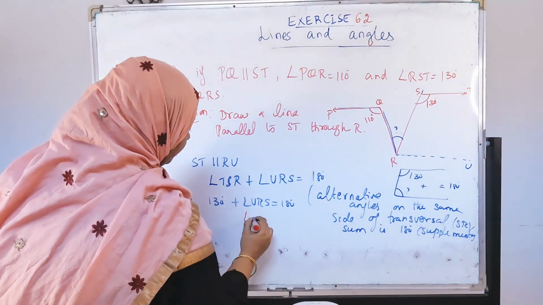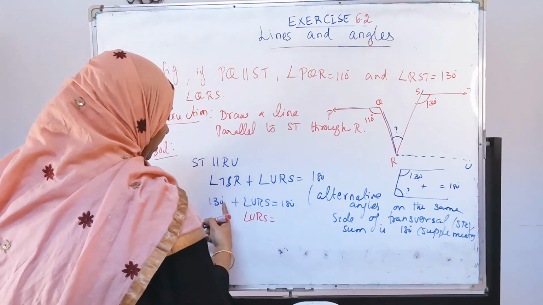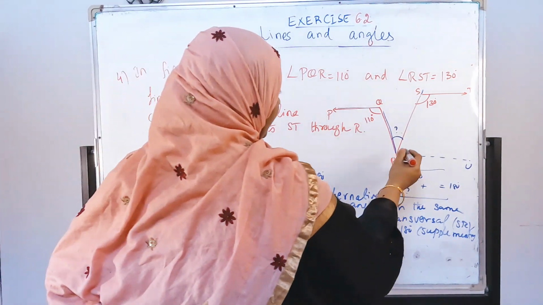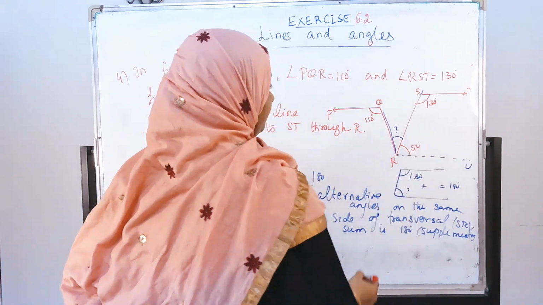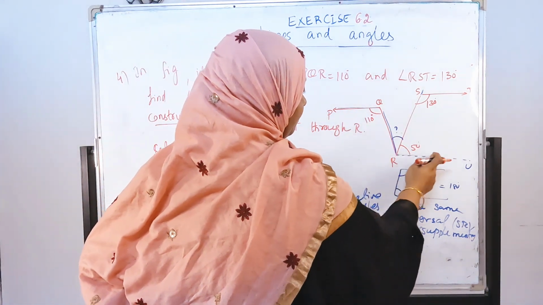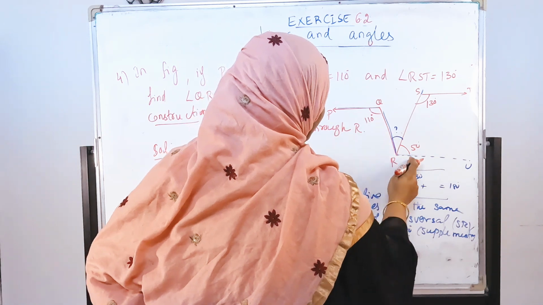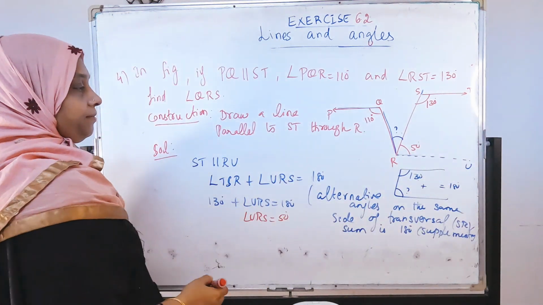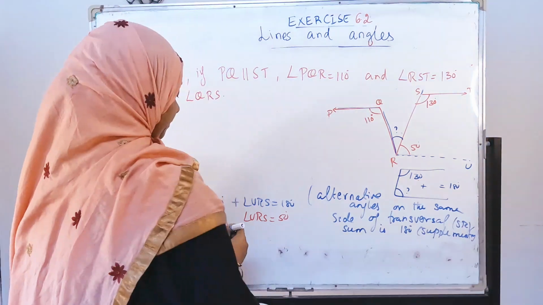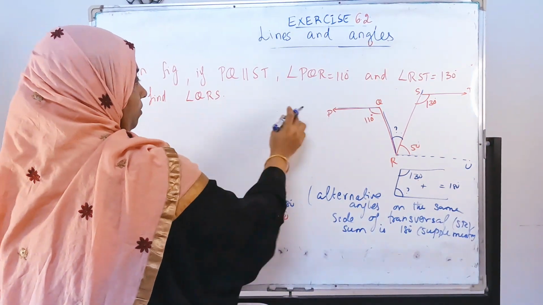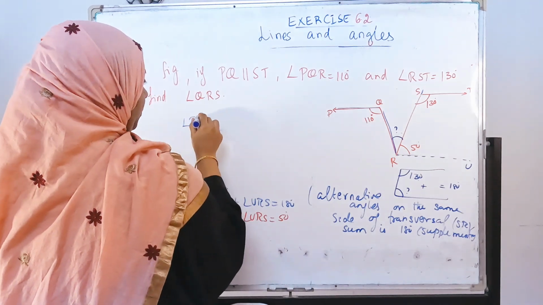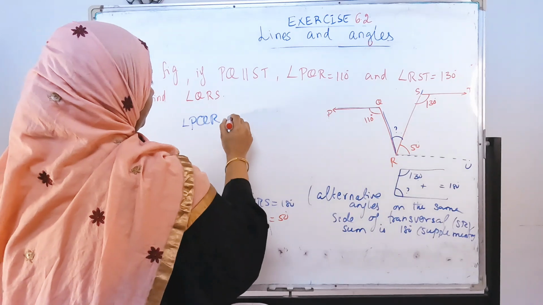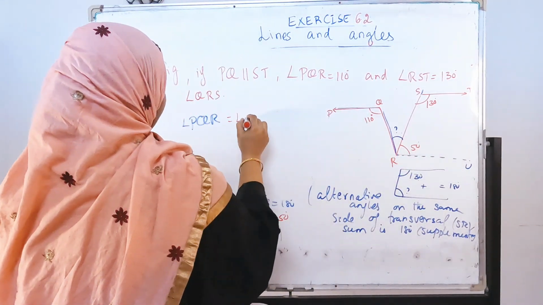So URS is 180 minus 130, which is 50 degrees. This part is 50. Now see here, PQ and RU, it is Z-like. We can take alternate interior angles. Now angle PQR is equal to angle URQ.